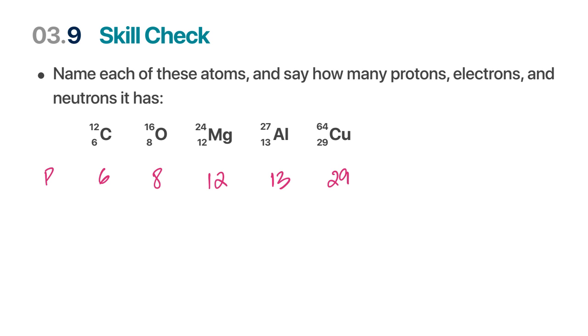I want to use green, right? Because they're atoms, they have no charge on them. So how is that they don't have a charge? Well, because their number of electrons are equal to the number of protons. So carbon has 6 electrons, whereas oxygen has 8, magnesium has 12, 13, 29. Stop me if you've seen this before.